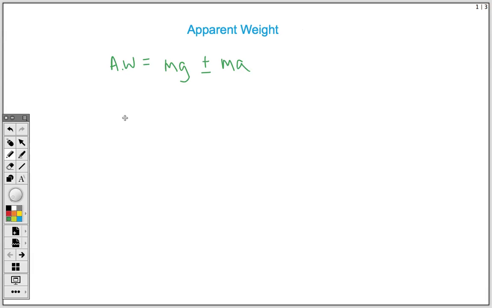It's plus or minus because if the acceleration is upwards, so if A is upwards, we add the mass times acceleration. But if A is going downwards, then we subtract.